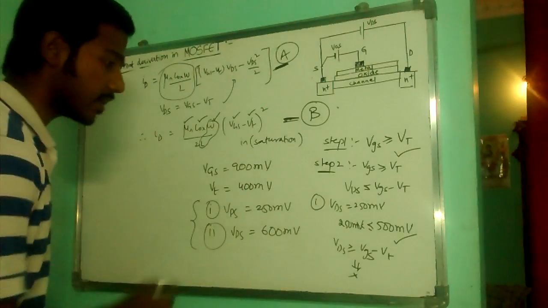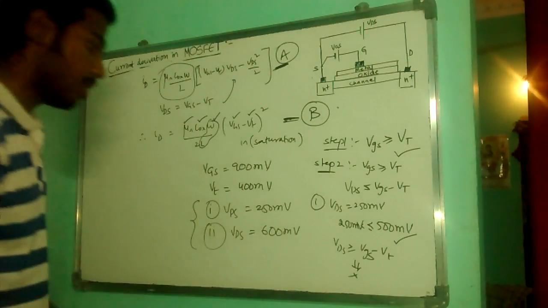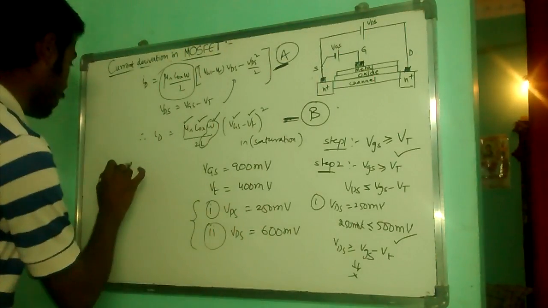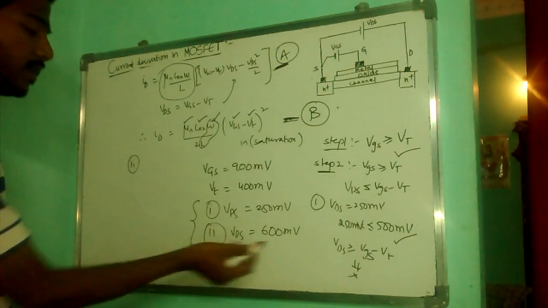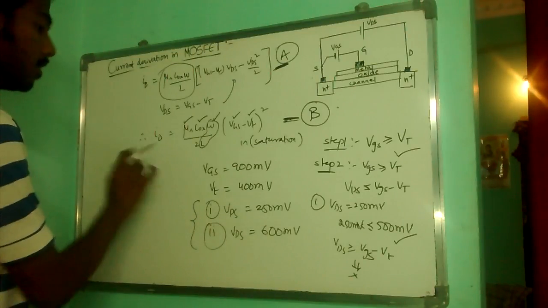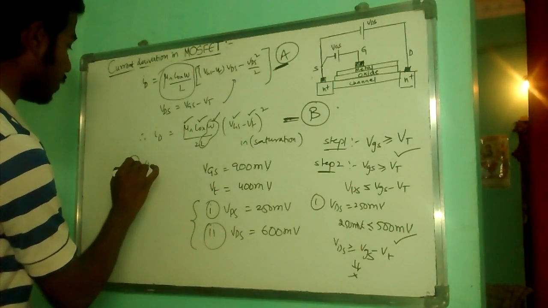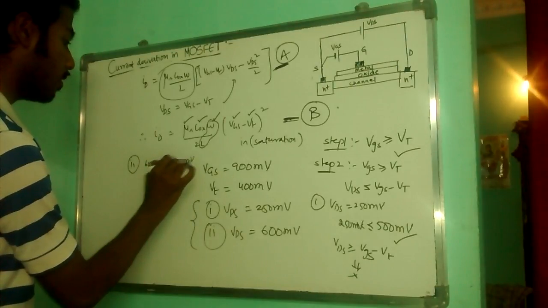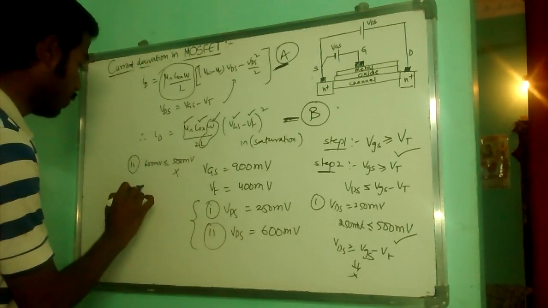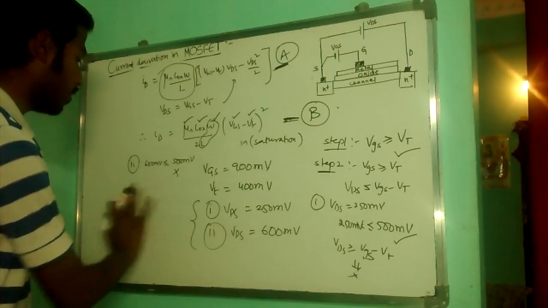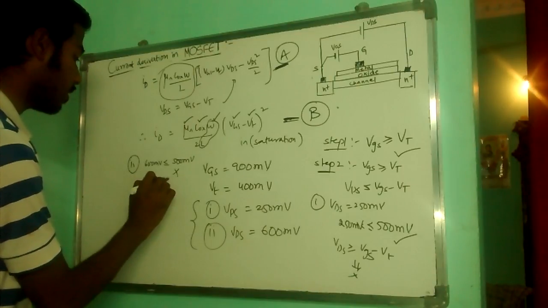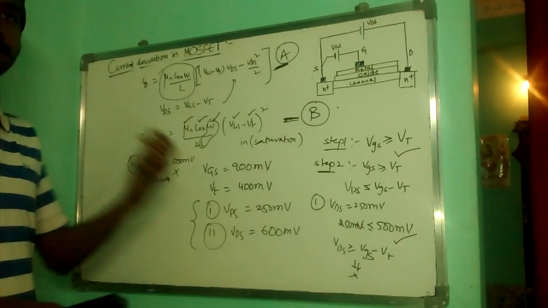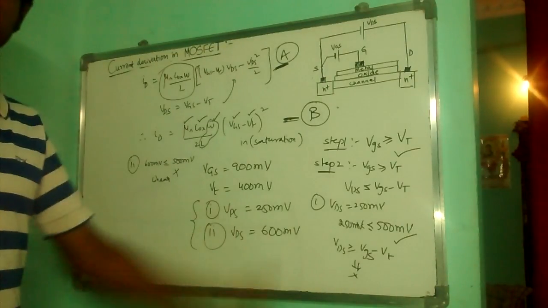Now consider the second case, 600 millivolt. VDS is given as 600 millivolt. 600 millivolt less than or equal to 500 millivolt is not possible, so it is not in the linear region. And VGS is greater than VT, so we are not in the cutoff region.